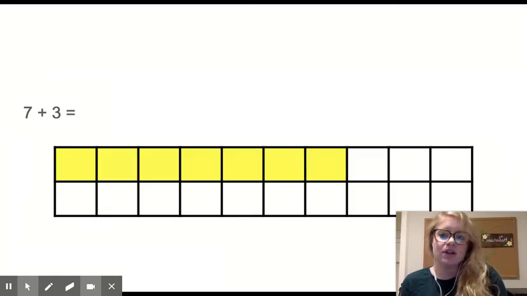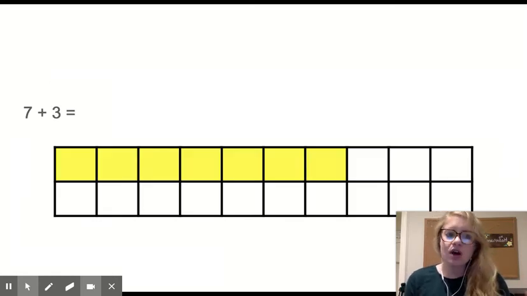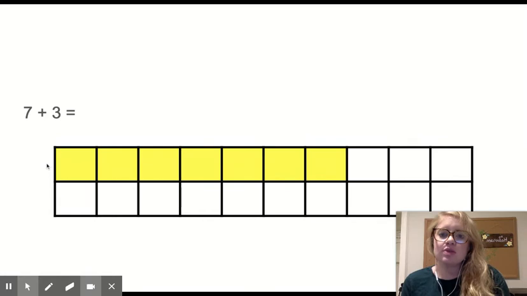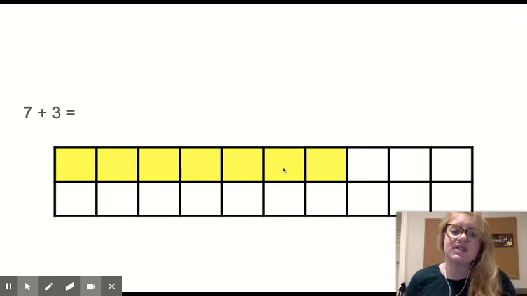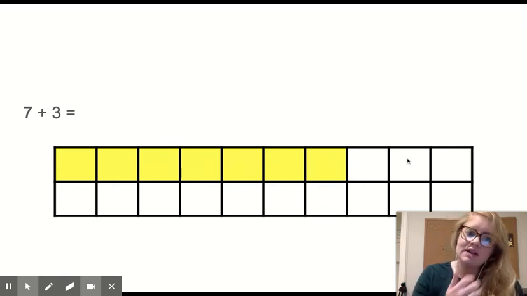Okay, so 7 plus 3. We all know that equals 10. If you look at my bars here, each of these rows has 10 blocks in it. So here we have 1, 2, 3, 4, 5, 6, 7, 8, 9, 10.